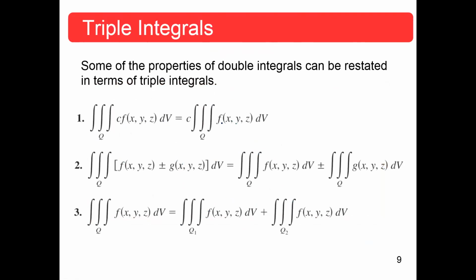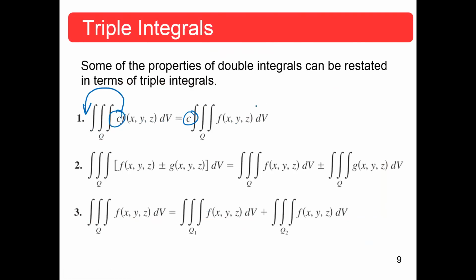Now, there are a lot of similar properties in terms of the operation of these integrals. The similar property goes from single integral to double integral to triple integral. First of all, in the triple integral of a constant c times f(x, y, z) dV, the constant coefficient can be pulled out.